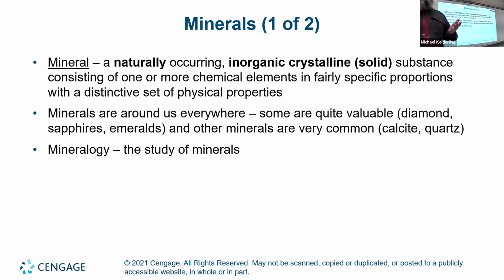So minerals are around us everywhere. Some are very valuable, things like diamonds, sapphires, and emeralds, while other minerals are very common, calcite, quartz. Well, you can get sapphire for pretty cheap, but it's artificial.